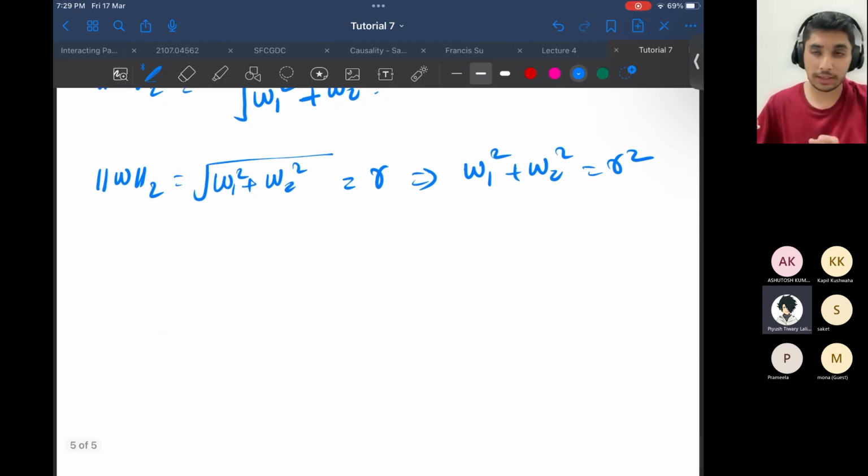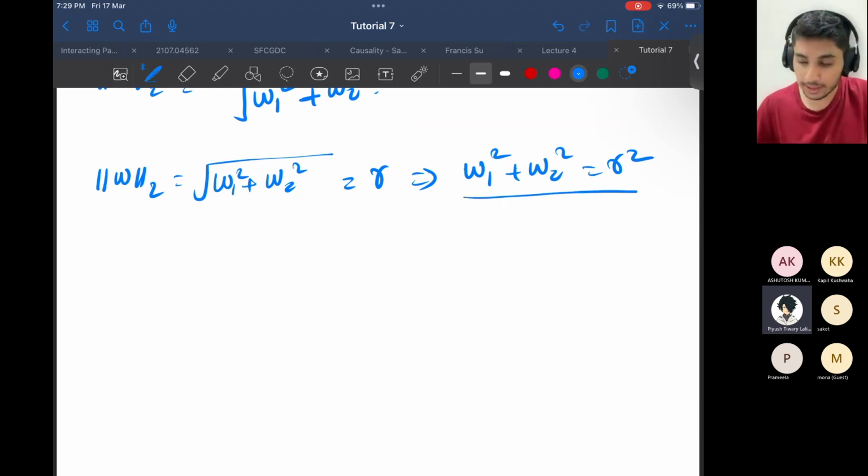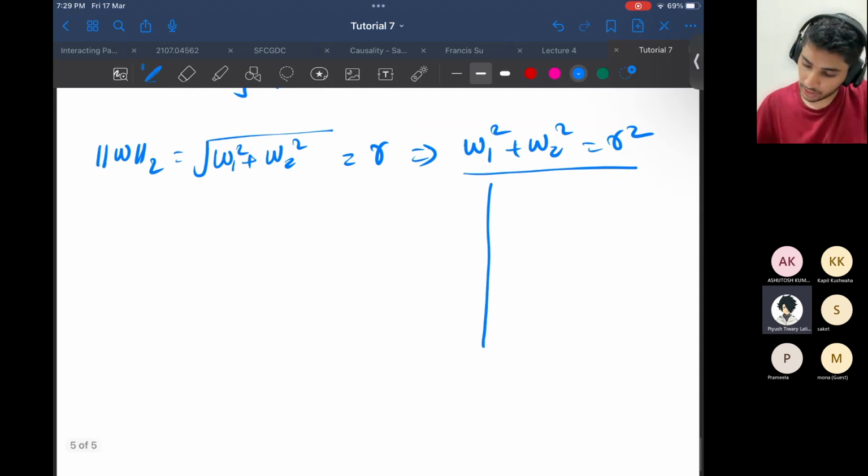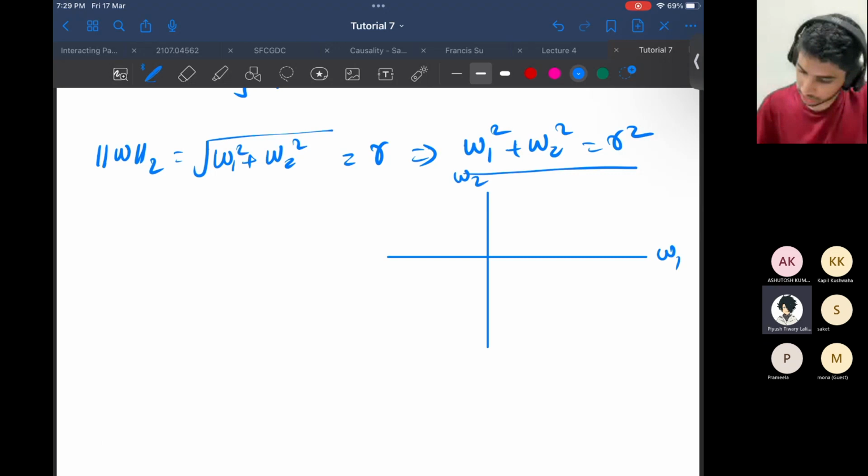This is what it would look like. So if I fix a value of the L2 norm, this is what it would look like, right? On a W1, W2 plane, this is your W1, this is your W2. If I fix an R, what are the feasible W's that I can use?